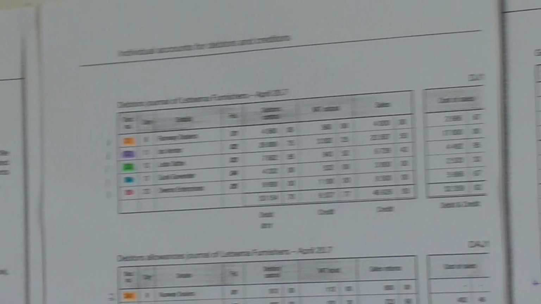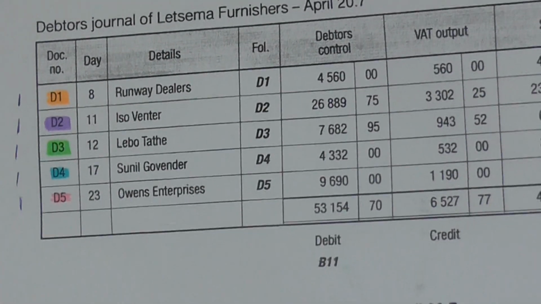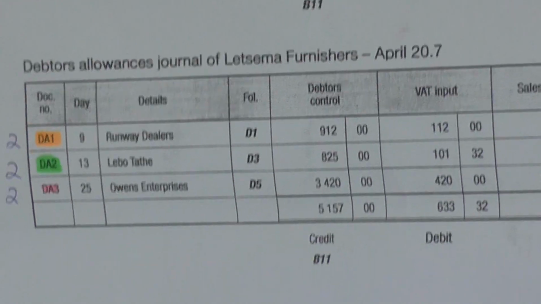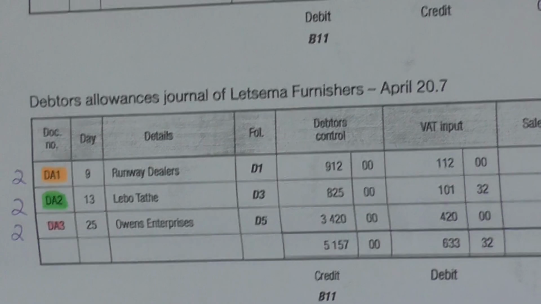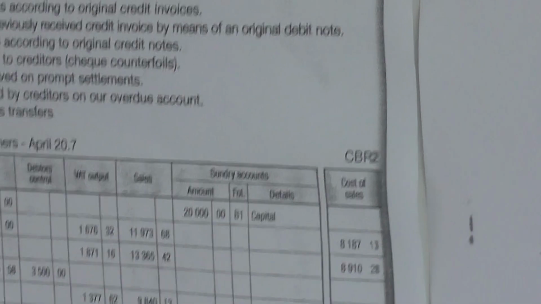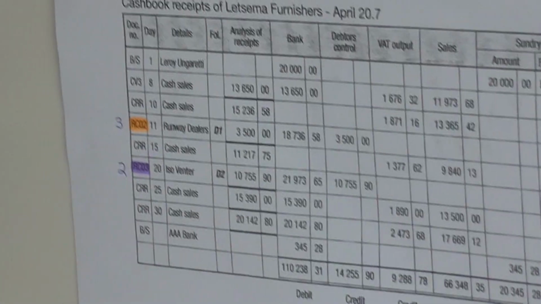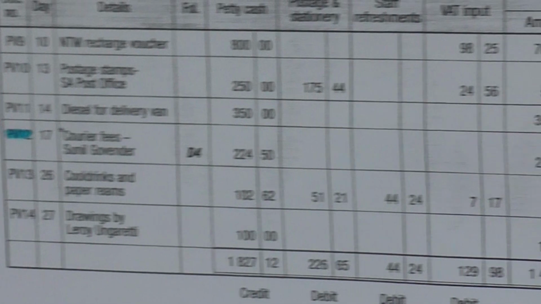Okay, so let's see, we've got Sanil Govender right over there. That was the debtors journal. Okay, there is no Sanil Govender in the debtors allowance journal. There's no Sanil Govender in the cash book receipts.